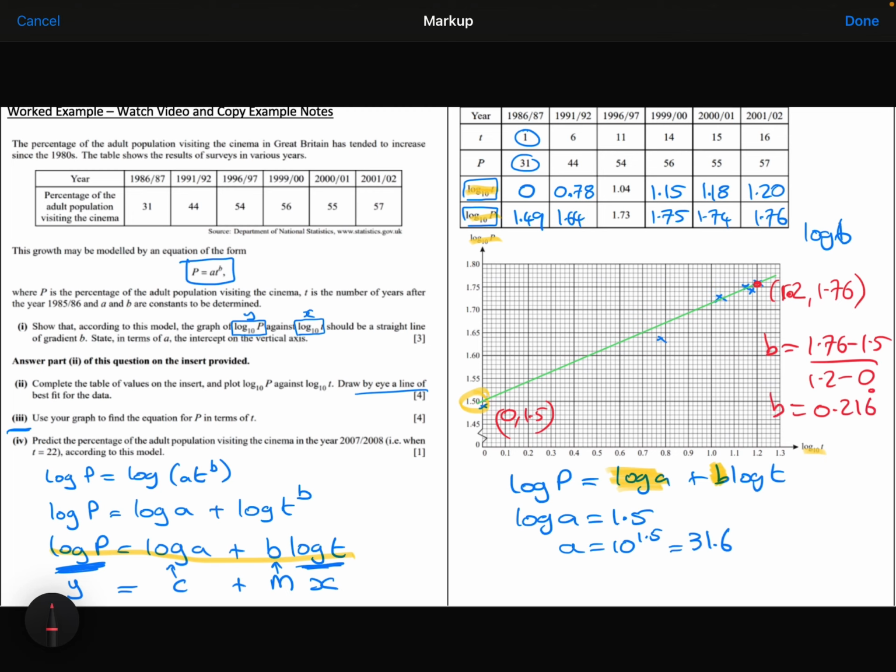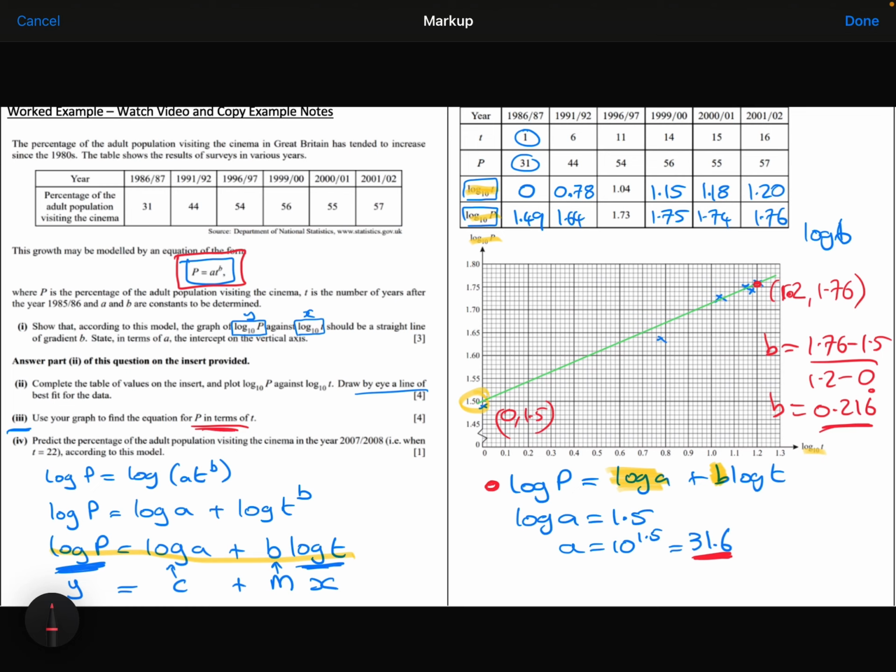So I've got the value of A, I've got the value of B. I could now substitute them into here, or I could go back to the equation where all of this started from, which is where I already have P in terms of T, which was actually what the question asked for.